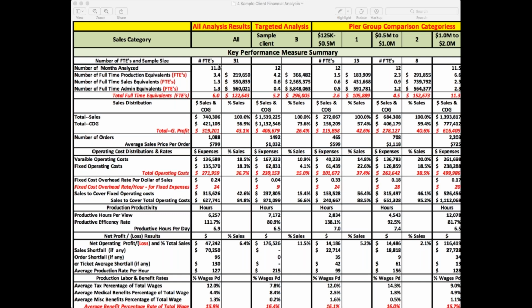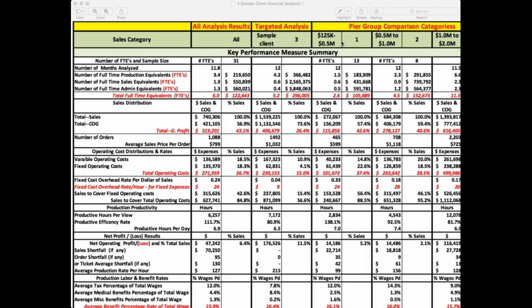But what you're seeing here is how I compare your analysis with others that I have done. So the first 2 columns over here represent the average results of everybody. This represents this particular client, the one that we just looked at.